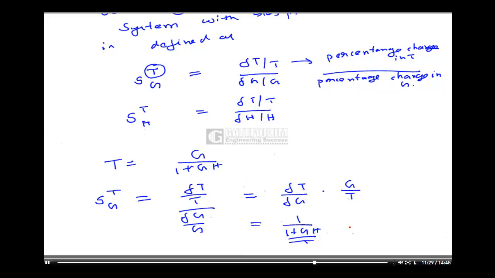So sensitivity reduces by a factor of 1 plus GH. Okay. So this was the sensitivity issue in presence of feedback in closed loop control system. Okay. Now if GH is a positive constant, the magnitude of sensitivity can be made small. But if GH is negative, then sensitivity will be affected the other way.